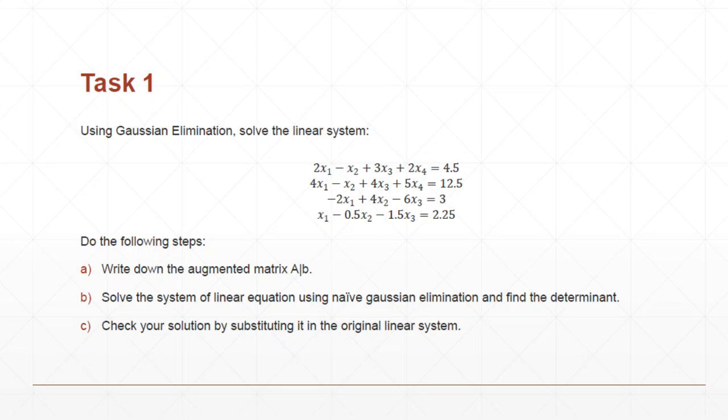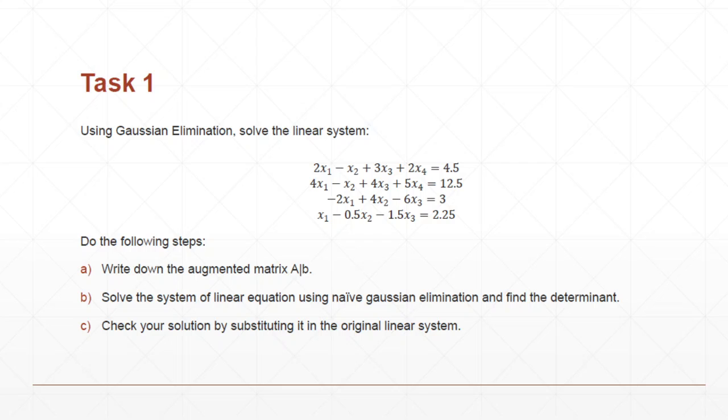So here in the first linear system you have 2x1 minus 1x2 plus 3x3 and plus 2x4. We'll take these elements as the elements of the matrix A, which is 2, minus 1, 3, 2. So this is row 1, and for part B it is 4.5, and so on.